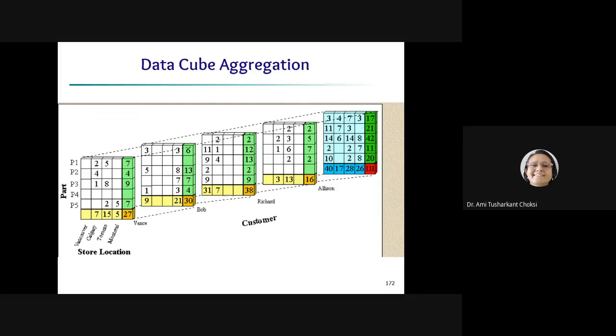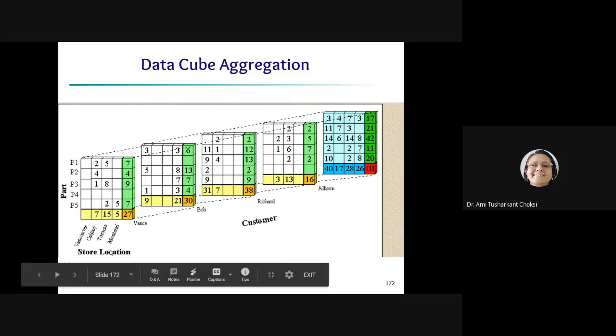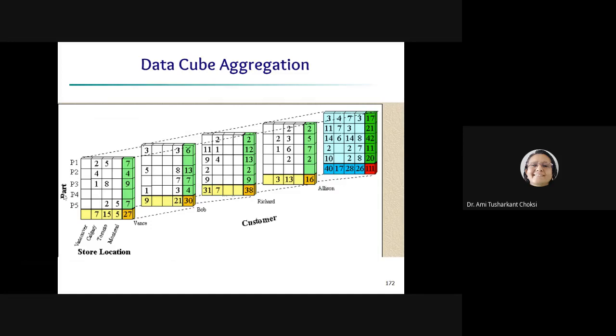Now, one more example of data cube aggregation. Here the data cube is given as follows: say computer parts are being sold by a few shops, where we consider the customer.